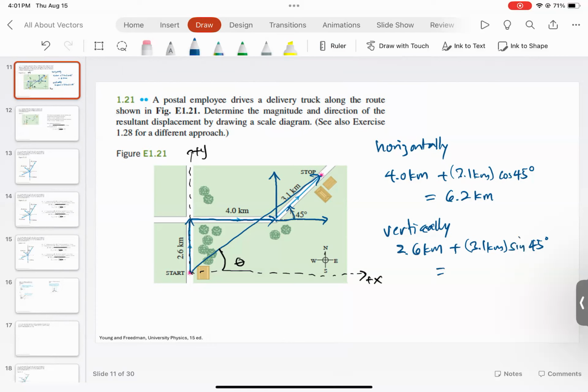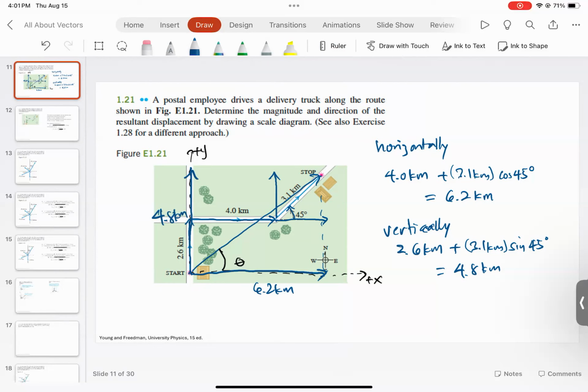Okay, and that gives us 4.8 kilometers. So itong buong distance na ito, horizontally from the starting point to the end point, that's 6.2 kilometers. At itong distance na ito from the starting point to the end point vertically ay 4.8 kilometers.